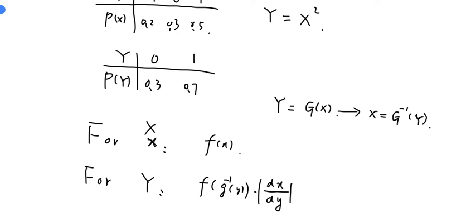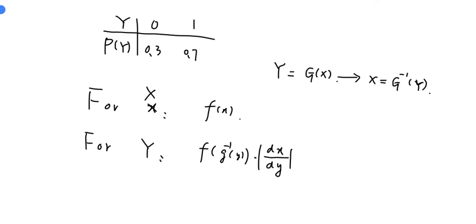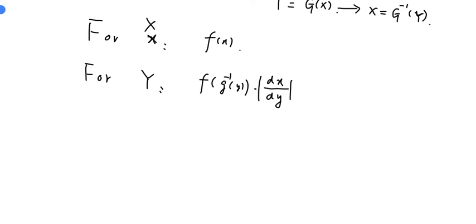So why do we have this? Remember, in integration, let's check this. We actually call those variable transformations. Suppose we have this integration from 0 to 1 of x squared dx. Let's say we set y using this transformation: we set x squared equal y.